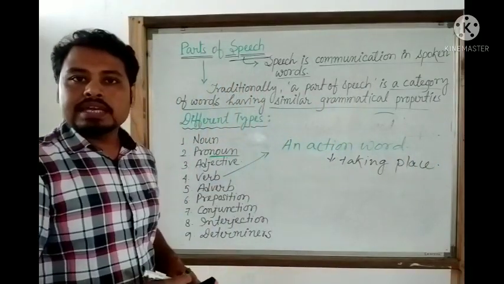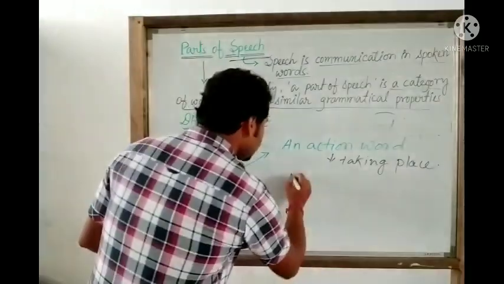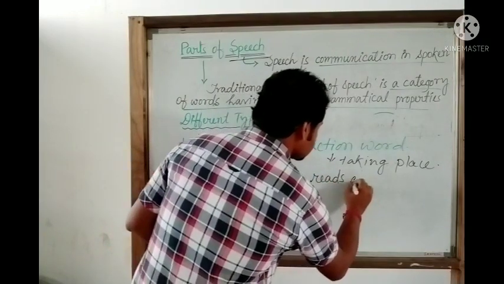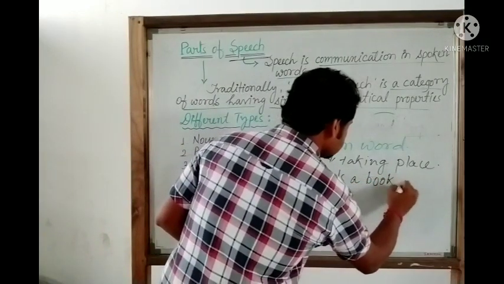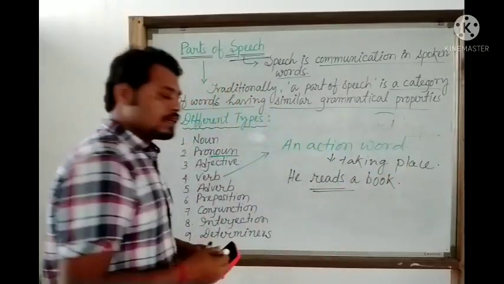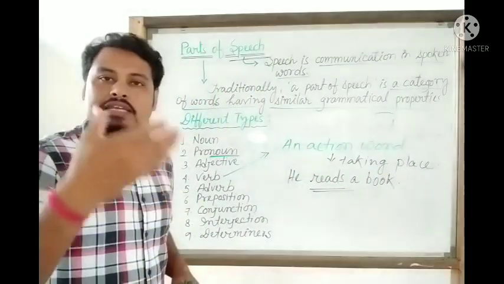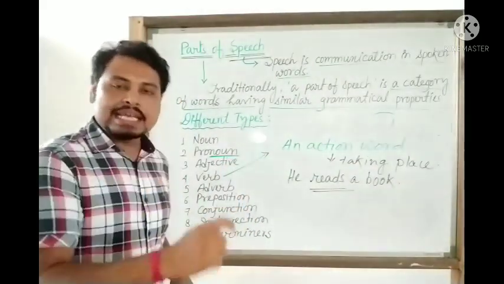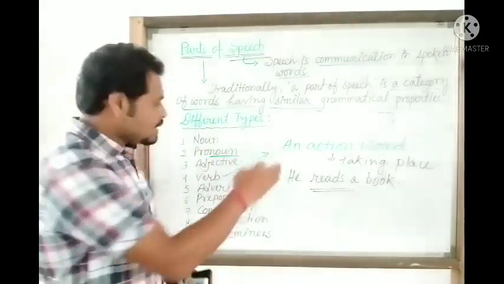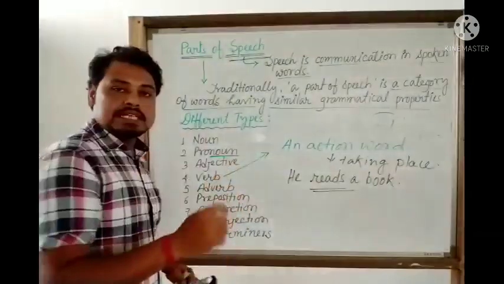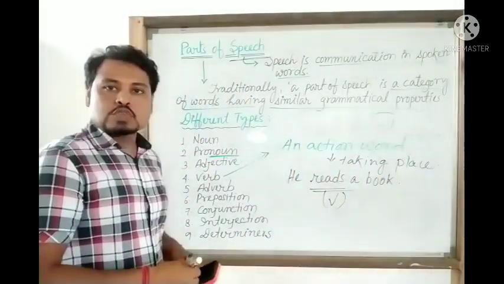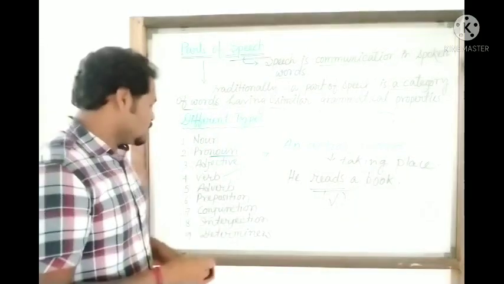This is what a verb is. For example, he reads a book. This reads, it means an action is going on. It means he is doing some action. Here it is reading. So that is why this reads is a verb in this particular sentence. So a verb is an action word.